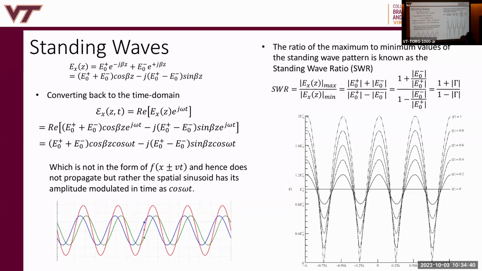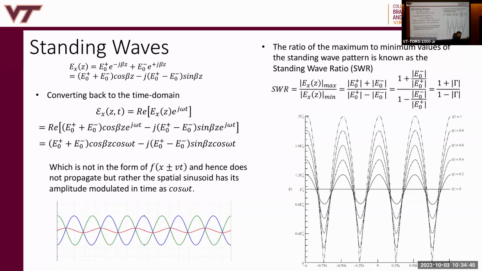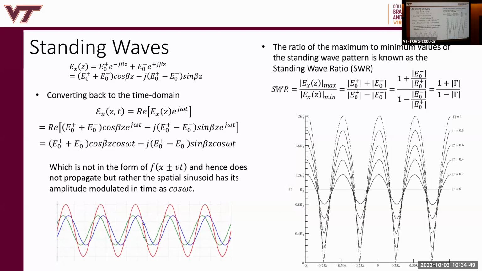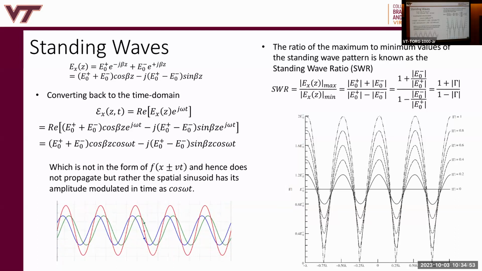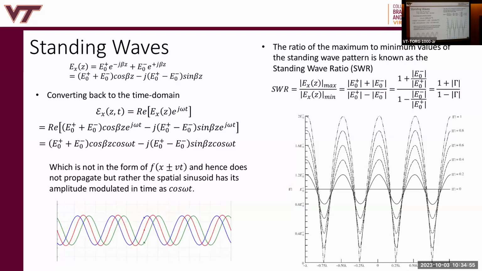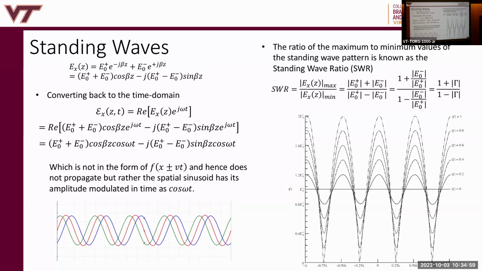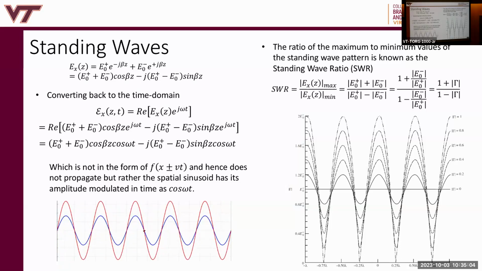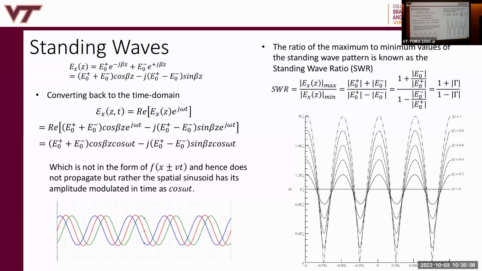You mean here? Yeah, but you can't combine them. Once you're in the time domain, it's a product like that, right? It's not a summation. It can be converted to a summation. I mean, cosine of A times cosine of B is half of cosine of A plus B plus cosine of A minus B. I mean, what's the difference between this and what we had before for traveling?